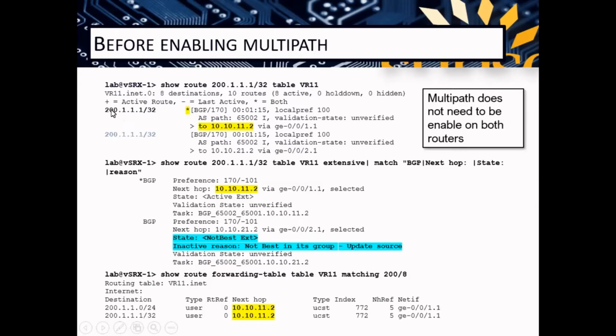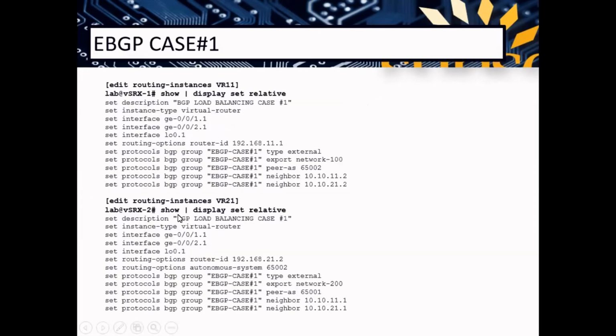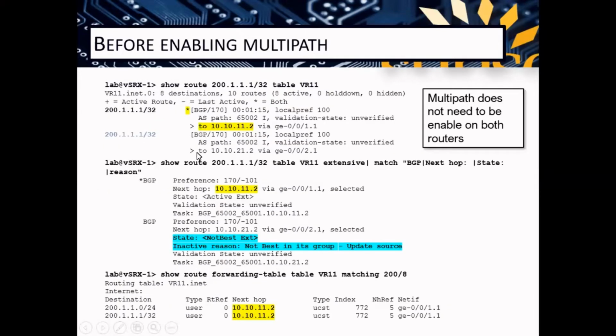So you see, I'm taking a look at the routing table. Route 200.1.1.1/32 is the route that is being advertised by my neighbor. And when you look at the routing table, there are actually two routes.